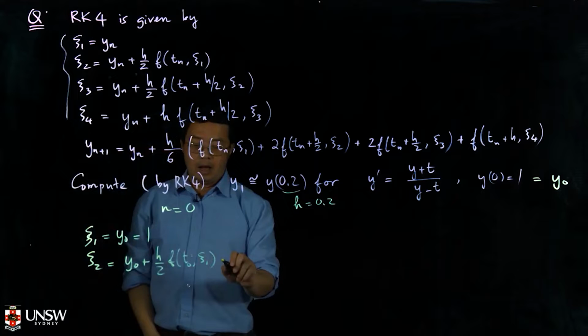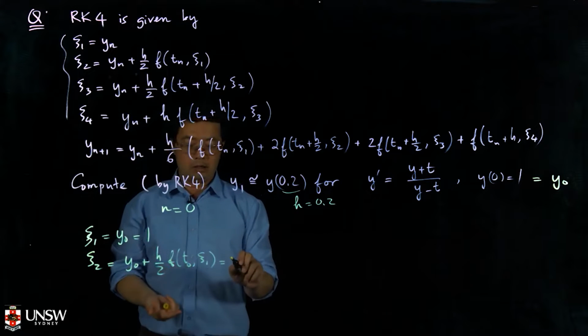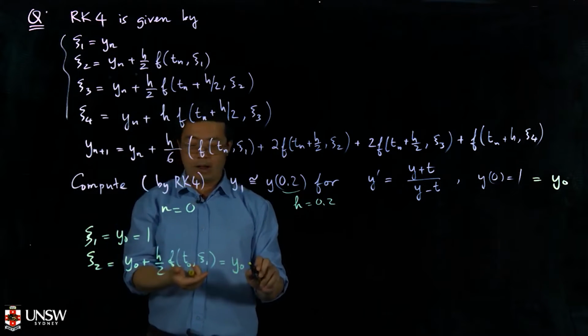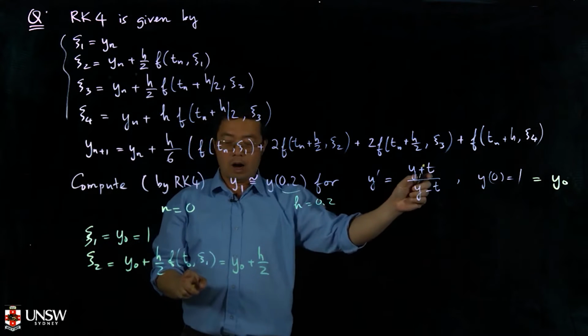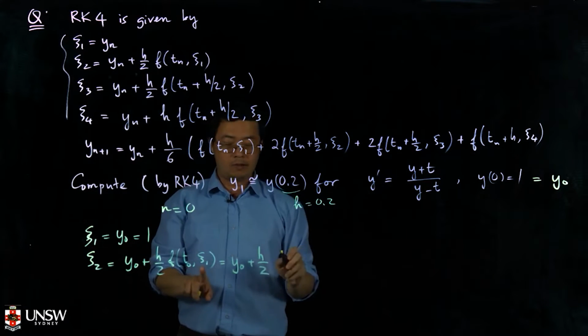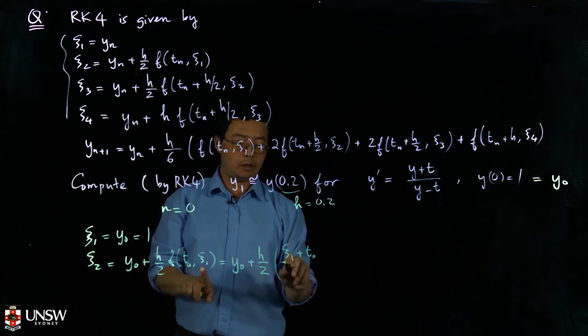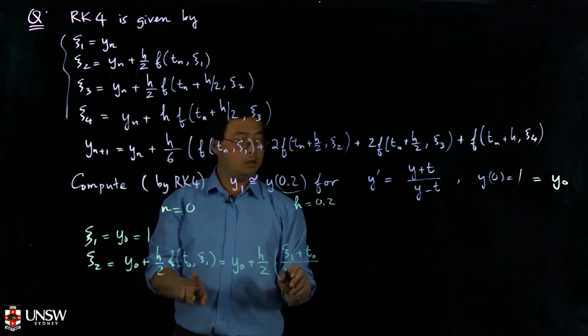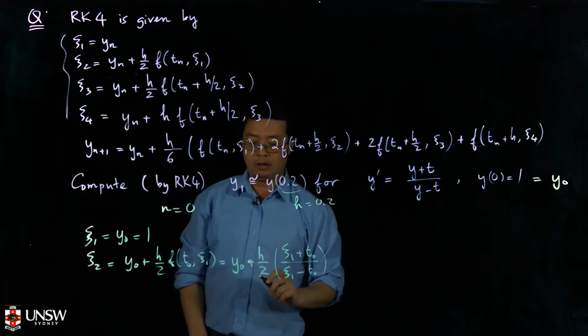Before we plug in the numbers, let's put in the function f first. Instead of y, now we have xi1. So you have (xi1 + t0)/(xi1 - t0).